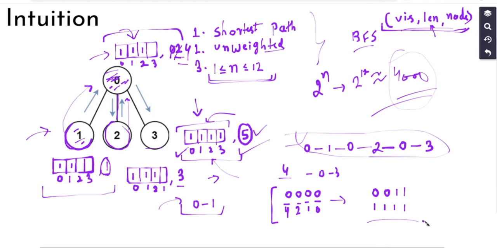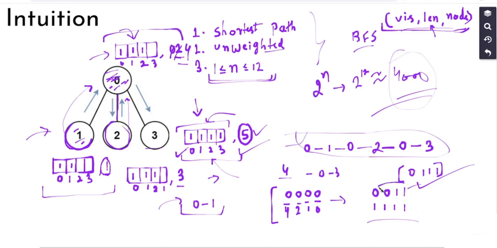So let's say we have a path which visits 0 1 2. In that case, the bit mask would be this. So in this fashion, instead of passing an entire visited array, I pass this binary number or bit mask. How?